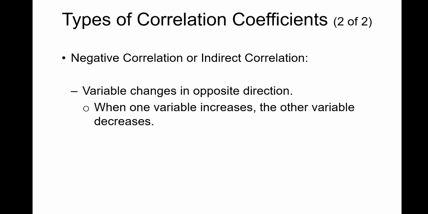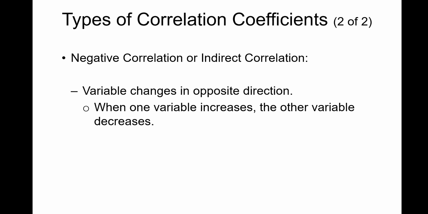So as an example, one that I'll work with later is as amount of minutes spent exercising increases, weight may decrease. Okay, so as someone is trying to lose weight, we see a negative correlation between exercise and weight. Okay, not a bad thing, it's just that is how the two variables are related to each other.